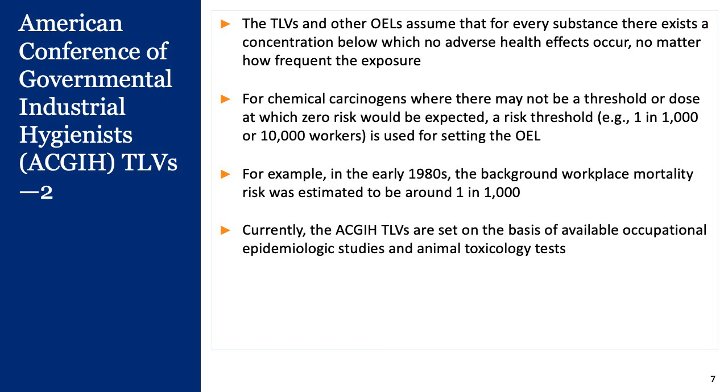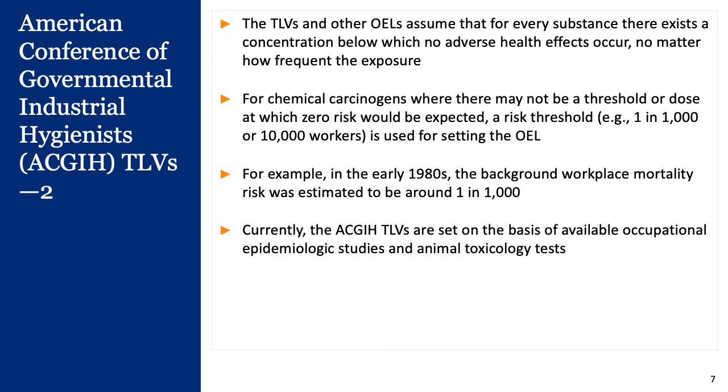So as a citizen, you and I can expect to be exposed to chemicals in the outside environment because as a society, we have decided that it's okay if 1 out of 1,000,000 citizens gets cancer because of that level of carcinogen in the ambient air. In the workplace, though, the mortality risk that we can tolerate is 1 in 1,000, and that is the basis on which the TLVs have been set.